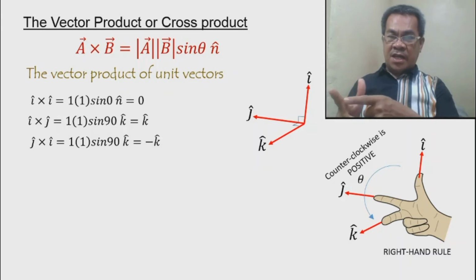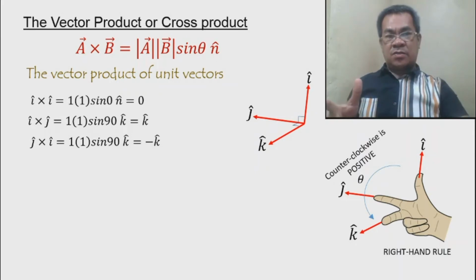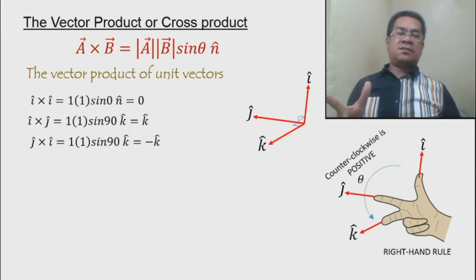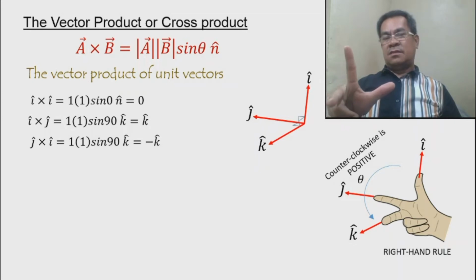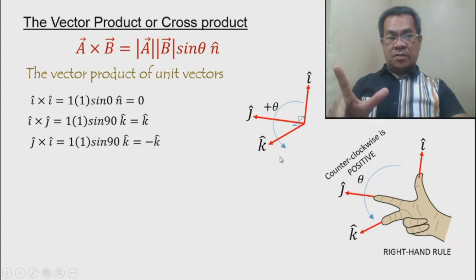The J hat and the K hat is also 90, while the K and I is also 90 degrees. Okay, so that's it. So the angle is positive from I, J going to K.